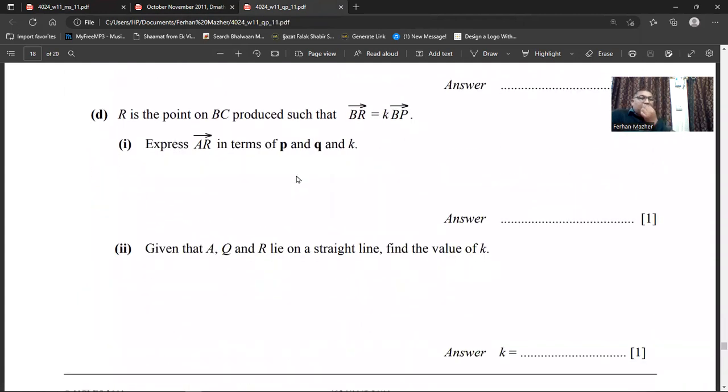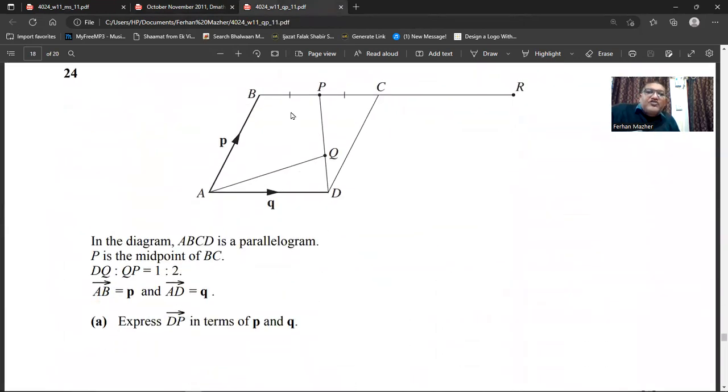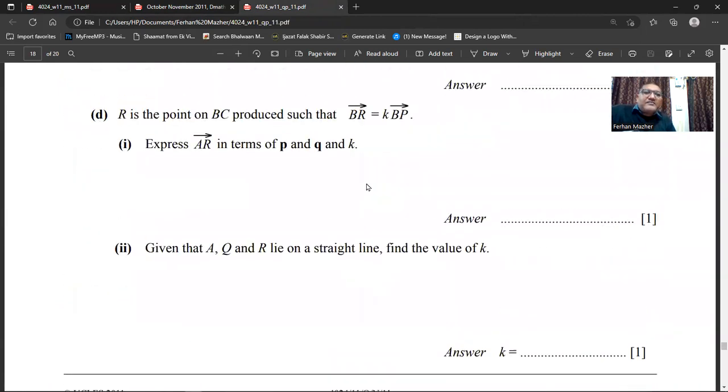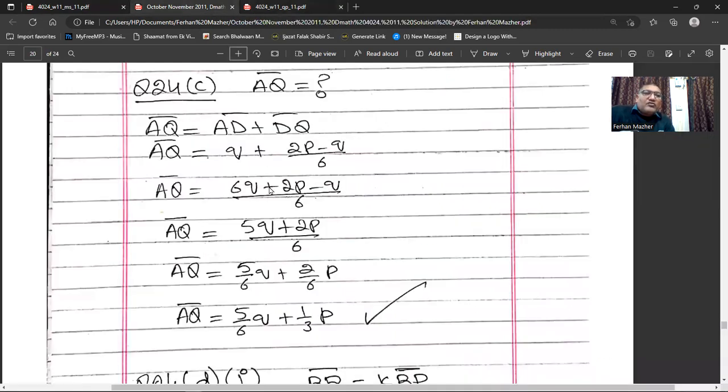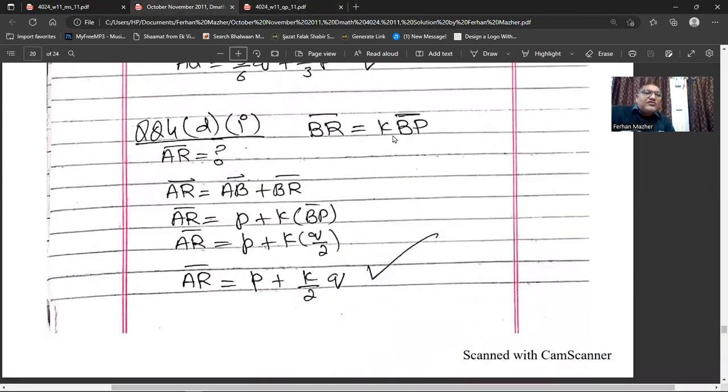Then, okay, R is the point on BC produced such that BR is k times BP. So when you produce BC, you get a point here. They are saying R is the point on BC produced such that BR is equal to k times BP. Express AR in terms of p, q and k. So for AR, we will make the bypass.